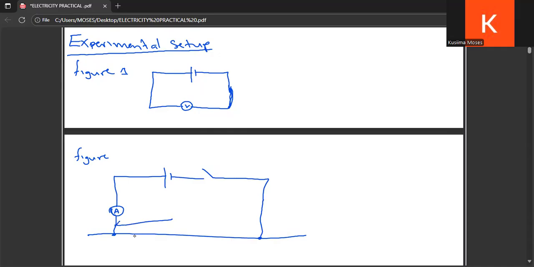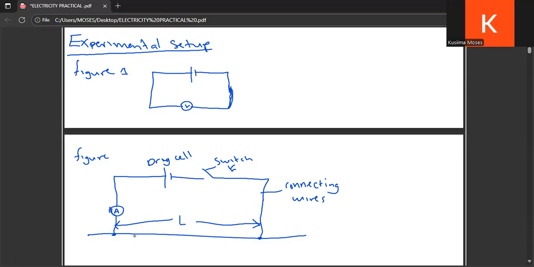Then here we shall have our length. Our length here. This is it. Dry cell. This is switch K. These are connecting wires.